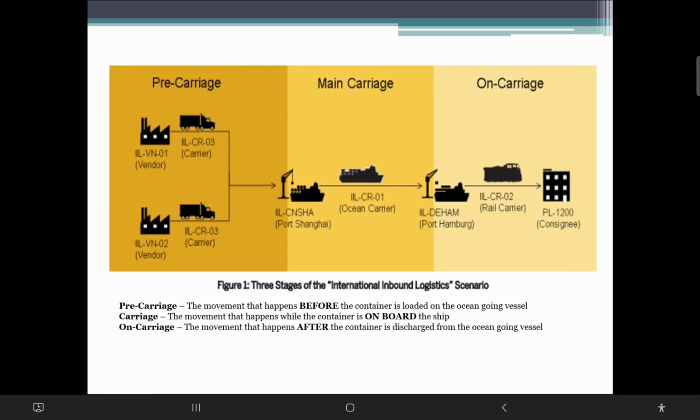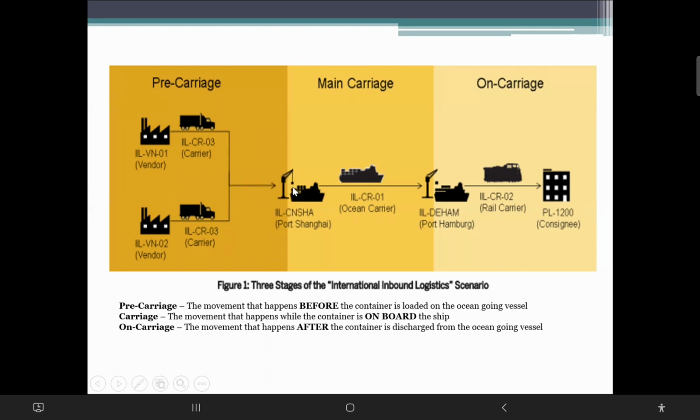Pre-carriage means movement from the factory, maybe a container by truck or by train, and from here they unload and load at the port of loading. Whatever transportation happens from this point to this point falls under pre-carriage.